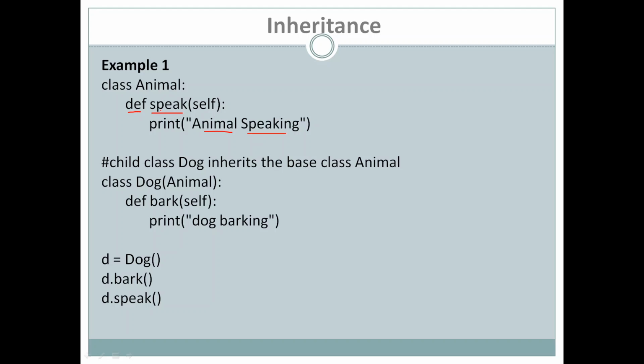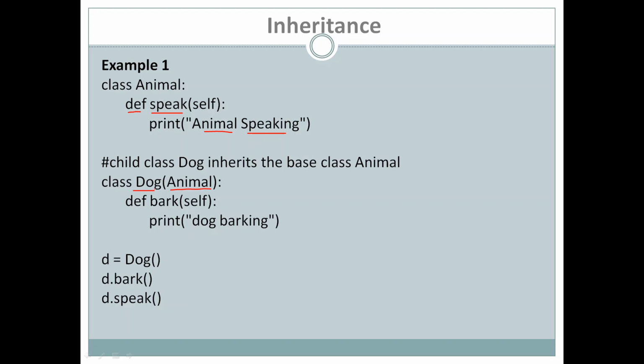We have defined a new class dog, and the dog class is inheriting the class animal here. If you compare this with Java, in Java we use the keyword extends with the superclass name to inherit. In Python, we simply declare the superclass name inside the round brackets.